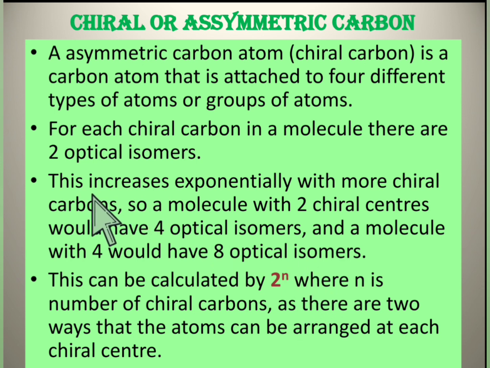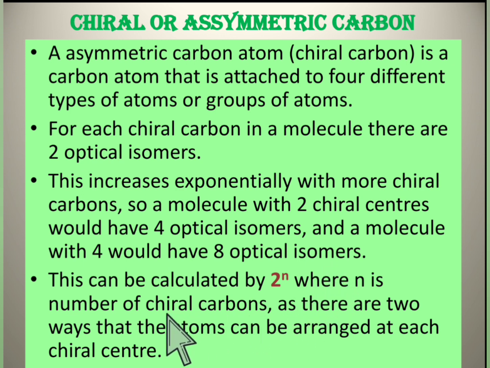So that means this increases exponentially with more chiral carbons. When a molecule has 2 chiral centers, there will be 4 optical isomers. If a molecule has 4 chiral centers, then it will have 8 optical isomers.